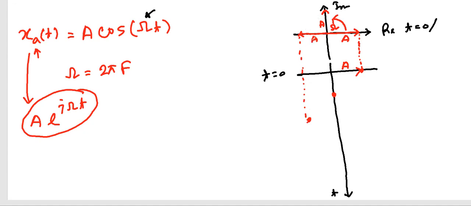Similarly, after another 90-degree rotation, it will be on the negative direction of the imaginary axis, and what is the projection in the magnitude response? It will give 0 again. After another 90 degrees, it will be on the same axis as t equals 0, and it will give us the projection equal to the maximum again.